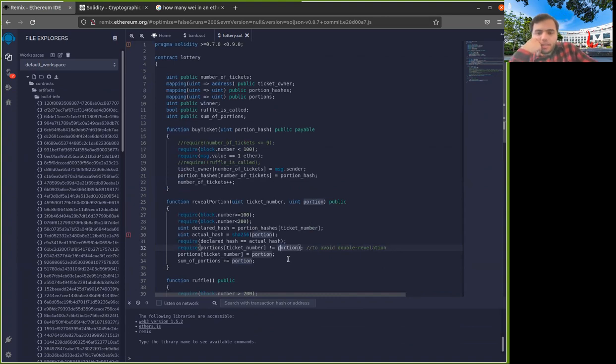Because again, if you consider the case where I'm an attacker and I have 50% of all the tickets, it doesn't really matter for me if I don't reveal the portion for one of my tickets, and then I don't win on that particular ticket, as long as I win the whole lottery overall. And again, there is no authentication here.